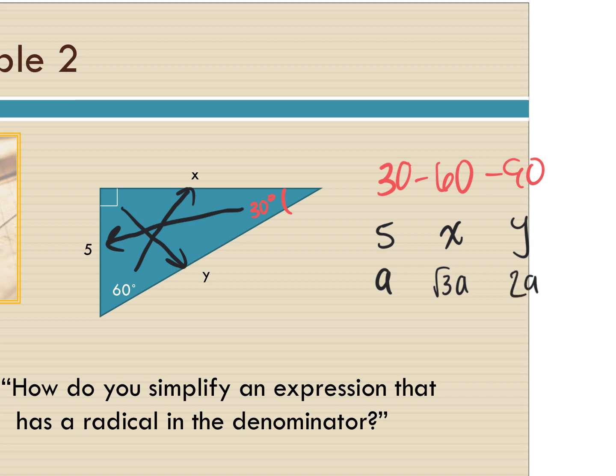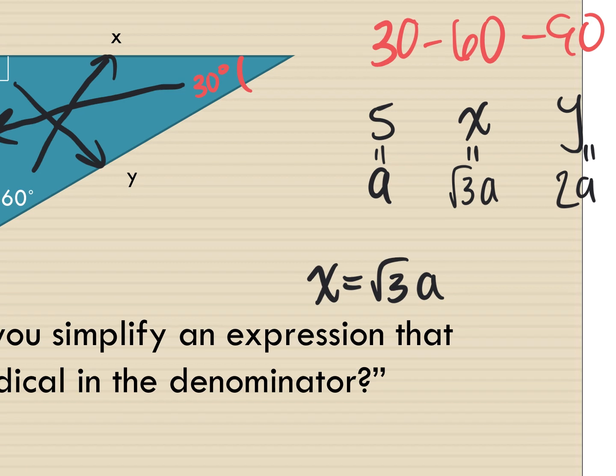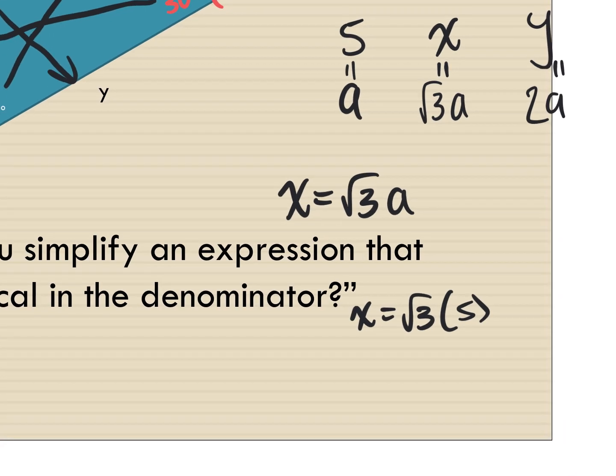So now check this out. These each become equal to each other. So we have A equals 5. Do you agree I can just substitute 5 anywhere I see A? So X is going to be square root of 3 times A. In other words, it's the square root of 3 times 5. Replace A with 5. What do you get when you multiply the square root of 3 times 5?